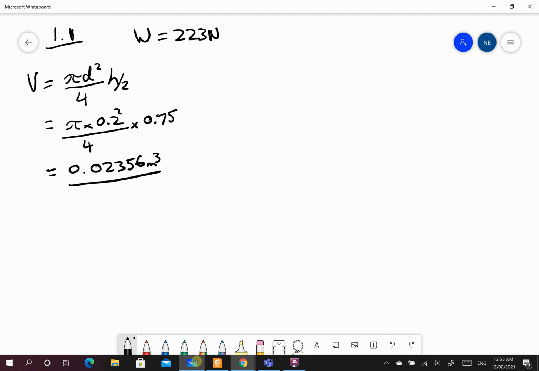Alright, now I've got this. I'm also going to work with this one here, rearranging some formula. I know W equals mg. I know W, I know g. I can work out the mass. So 223 newtons is equal to 9.81 times the mass.